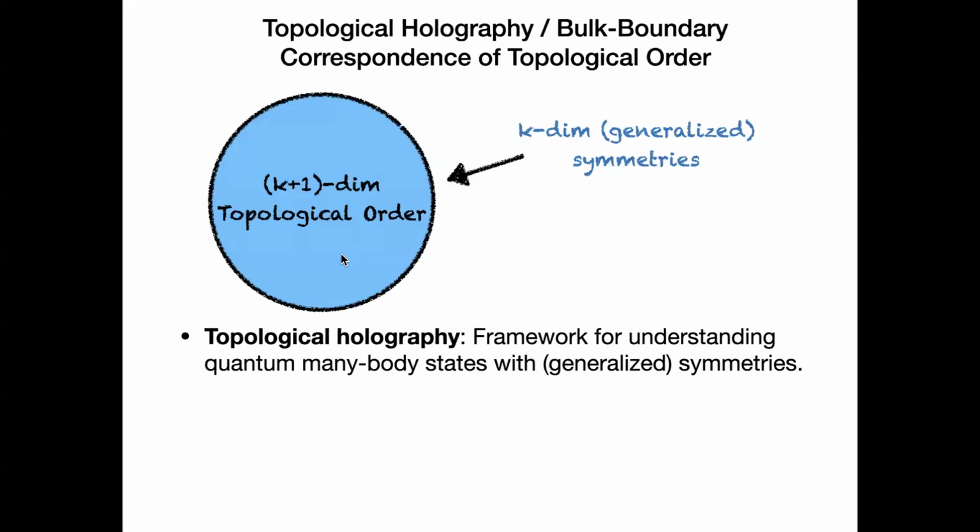When you take the quasi k-dimensional limit, that is, when you take the thickness of the topological order to be very thin, the system becomes a k-dimensional system with a corresponding symmetry. There's a somewhat more concrete way of doing it, but I will not use it in the rest of the talk.